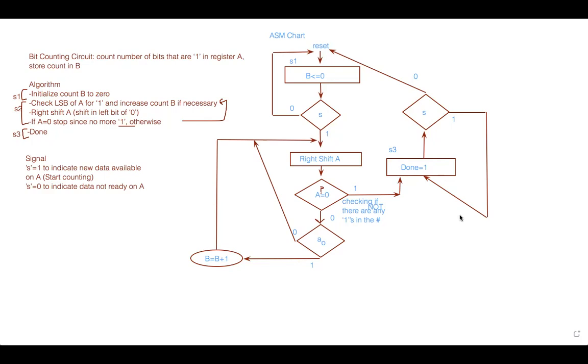So for a data path circuit, it's going to determine what we need here. We definitely need a counter because we're adding one every time, and we need to shift it over. We're doing right shifting. So for a data path circuit, I'm going to erase this on the left, or I'll draw it actually down here.